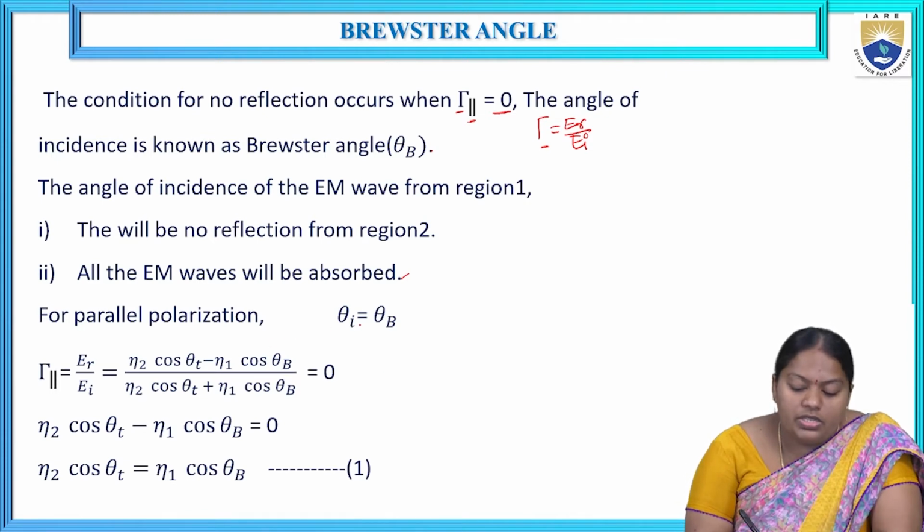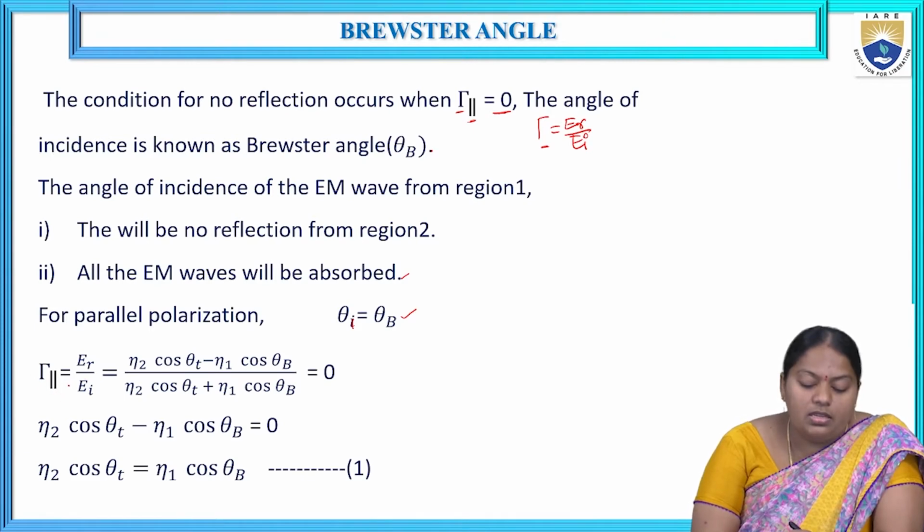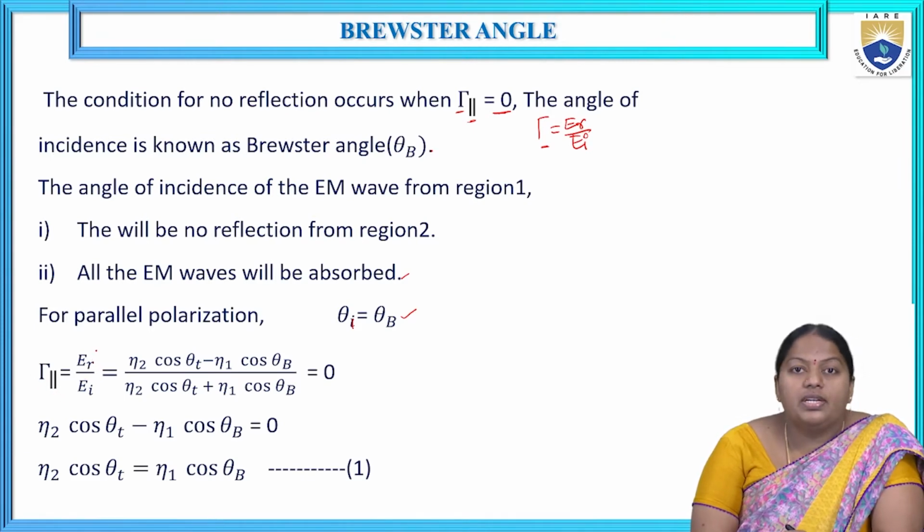For a parallel polarization, we are replacing incident wave angle theta I by theta b. Now, with the parallel polarization, the reflection coefficient is given by gamma parallel, which is the ratio of reflected wave field strength to the incident wave field strength, ER by EI.